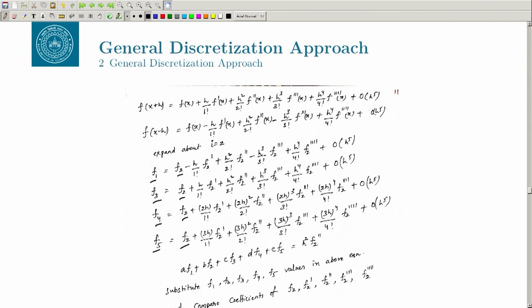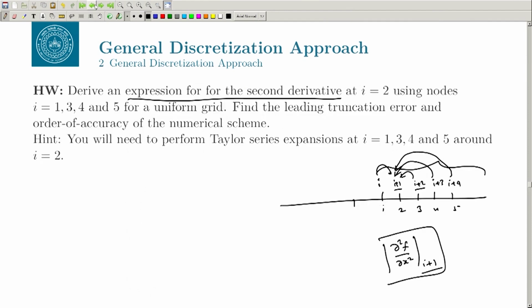Compare the coefficients. You will have 5 coefficients here this time, and then you solve it and you will get the values of a, b, c, d and e, okay. So, this is the general discretization approach. For practice you can take any number of stencil points, and try to get the derivative that you want, right.